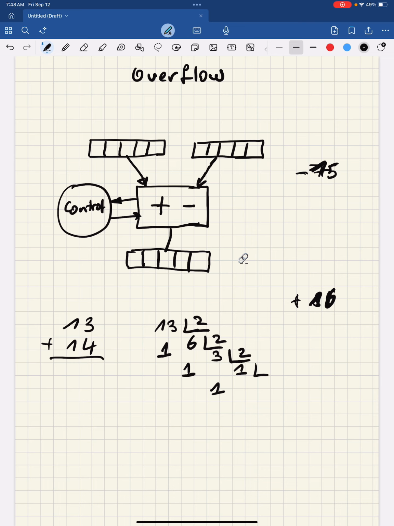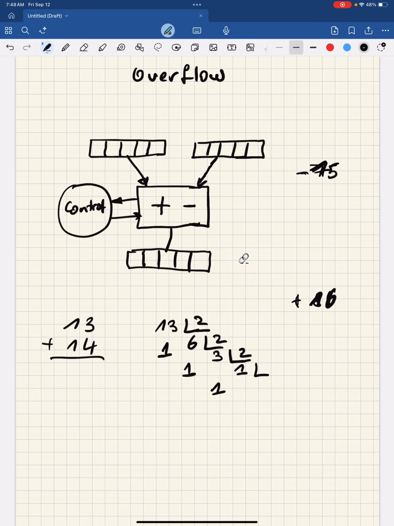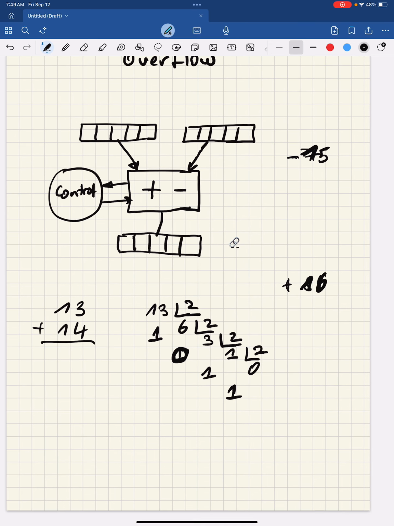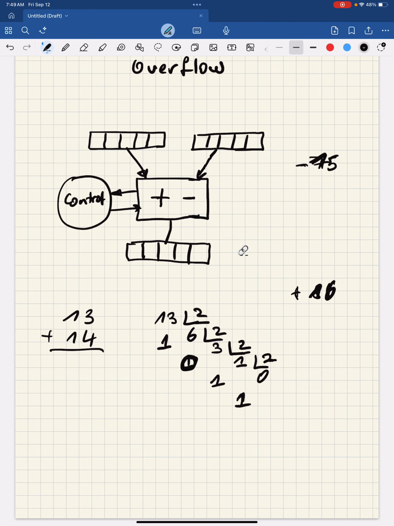Then we divide 1 by 2, it gives us 0, with a remainder of 1. I made a mistake: 6 divided by 2 gives us 3 with a remainder of 0. That's my bad. So now the number 13 will have the value 1, 1, 0, 1.